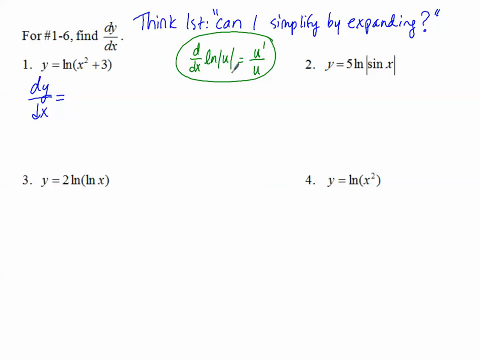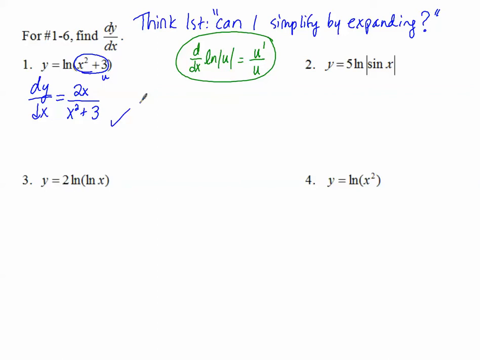Doesn't matter if there's absolute value symbols there or not, it's u prime over u. So the stuff that's inside my natural log, I'm thinking of that as my u. Its derivative is 2x, and the u that I look at there is x squared plus 3. Of course, I always want to ask, can I clean it up? And here there's no simplifying, so I'm done.